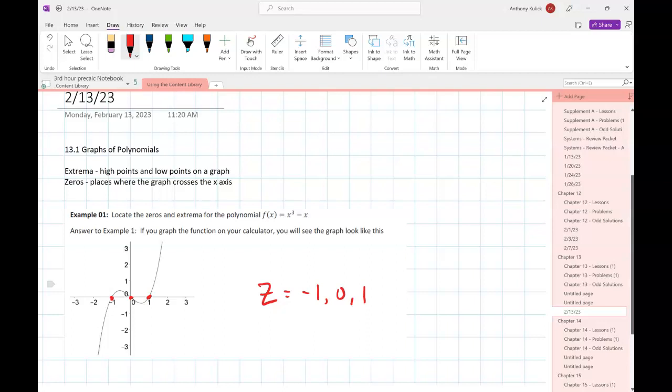So to find the extrema now, what are the extrema? But how would we actually find the numeric values for that?